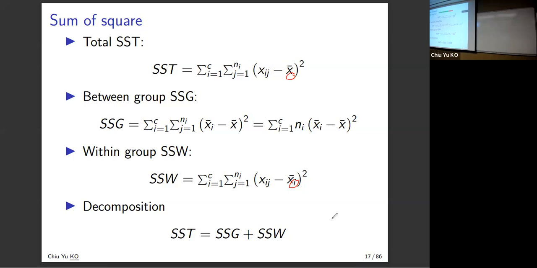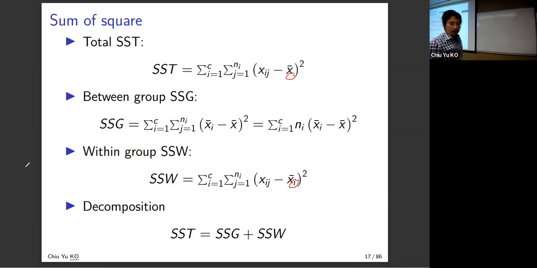Just to repeat, the total variation is always the variation across groups plus the variation within groups. Is that clear? We divide by something to get the variance, but don't worry about that.